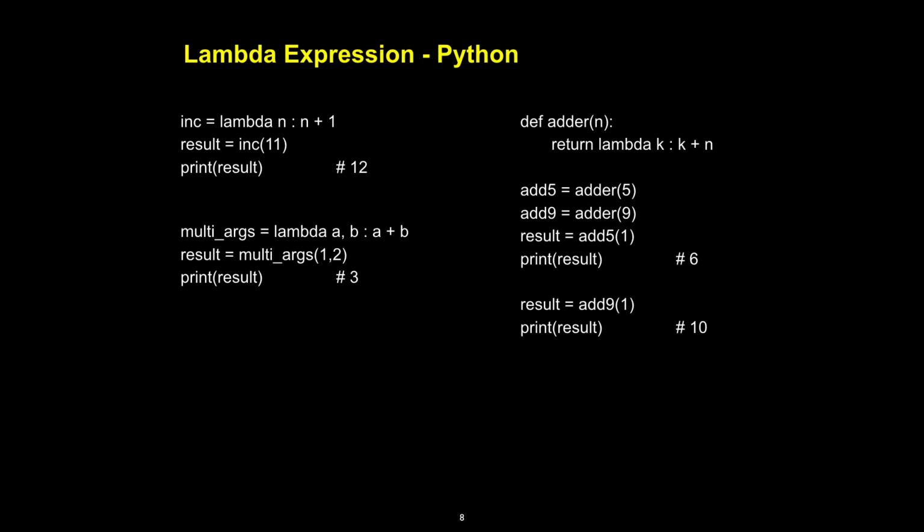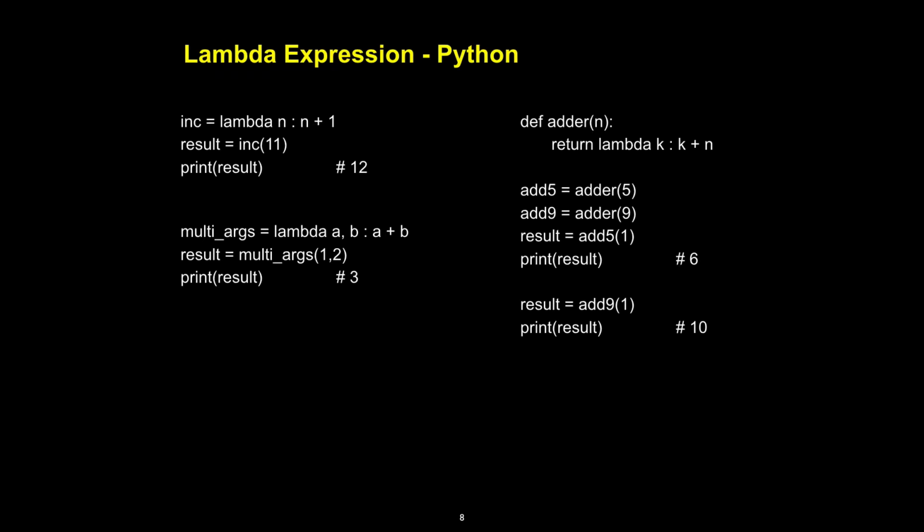Now here's a slightly more interesting example. I define a function called adder, and it returns a lambda. So there's my function, it returns a lambda, and all the lambda does is the lambda has one argument, and it then adds that argument to the argument of adder.